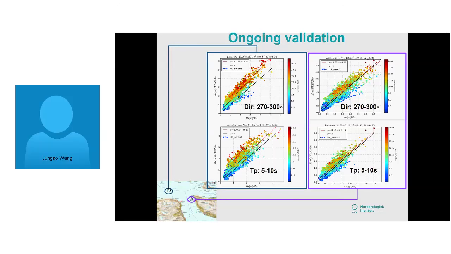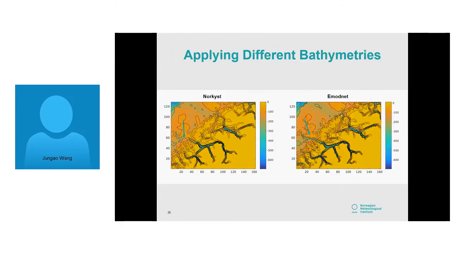And I have another one, if I have time. Mm-hmm. Yeah, sure. So you also show two different bathymetry results. I'm a bit confused, because I think the resolution of your computational grid is 250 meters, right? And you should also have the same resolution grid for your bathymetry file, isn't it?